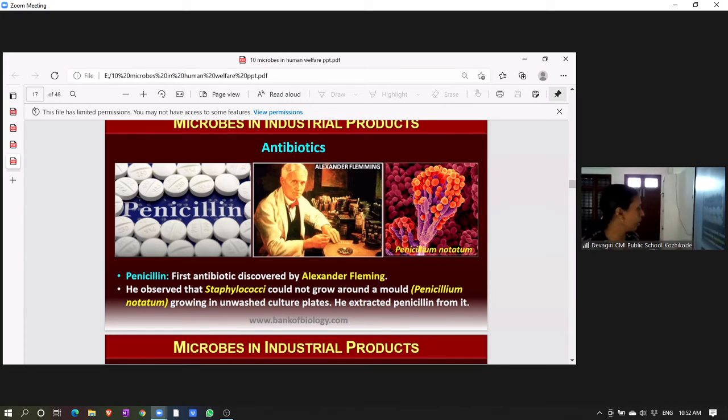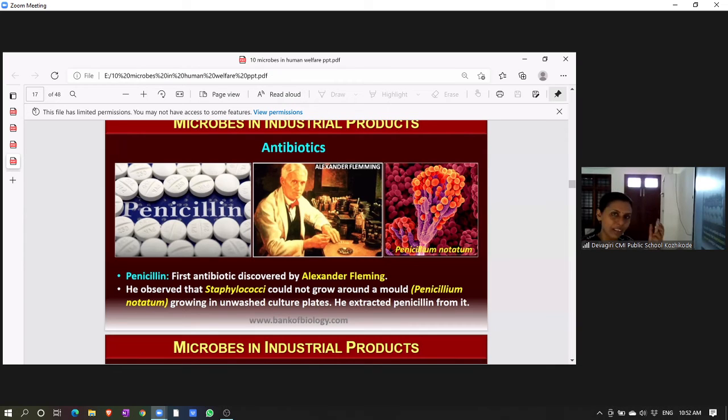Actually, he was working on a bacteria known as the Staphylococci. On page number 180, you could see figure 10.3, where colonies of bacteria in a petri dish are shown. Like that, in a petri dish, he was working on the Staphylococcus bacterium. In one of the culture plates, he could see a mold growing.